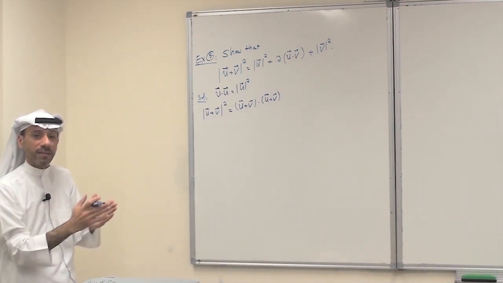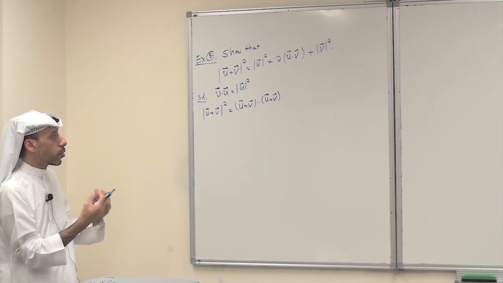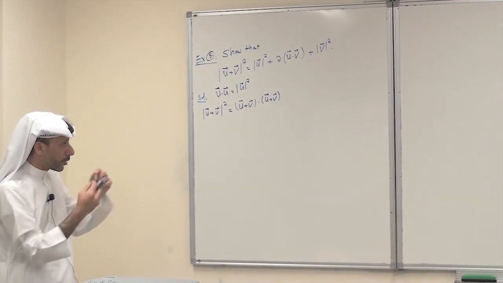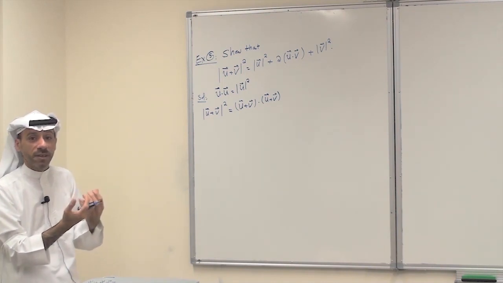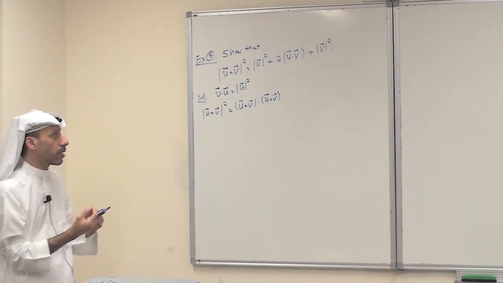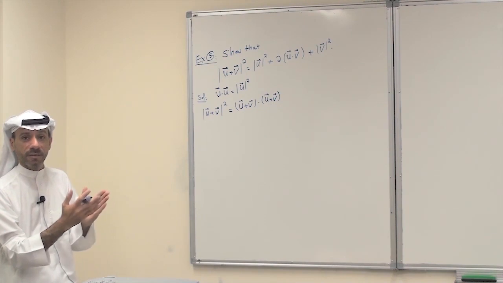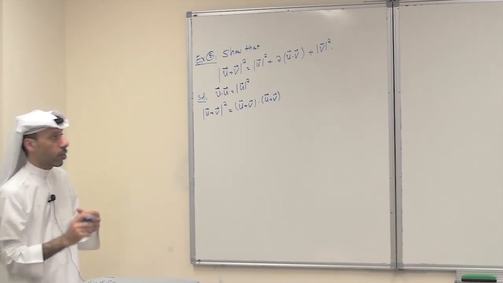Now we multiply, and we notice one of the main properties of the dot product is that the vectors behave like real numbers when it comes to the dot product. So you can multiply term by term. You use the distributive property.